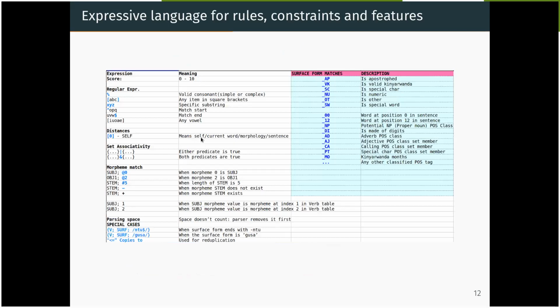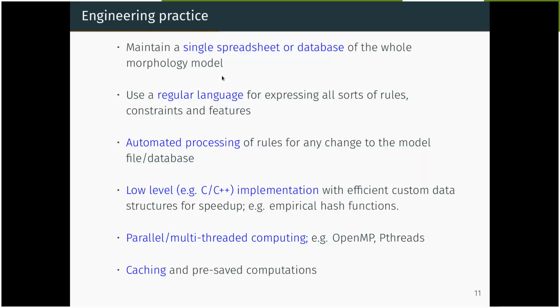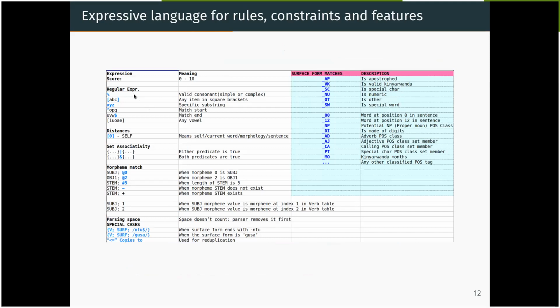Okay, so this is a specification of the language I was talking about here. This language that expresses the if-then condition at the level of morphology actually comes from a language that I had to develop, which has parts for expressing regular expressions, expressing distances between morphemes or distances between words in a sentence, or combining multiple rules by some kind of and, or, and some other things.